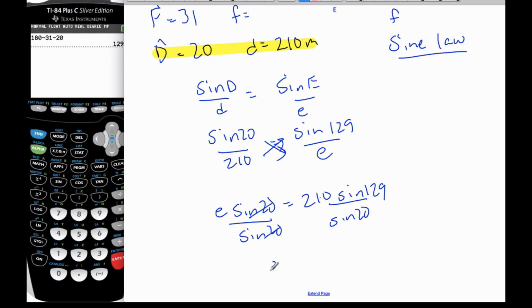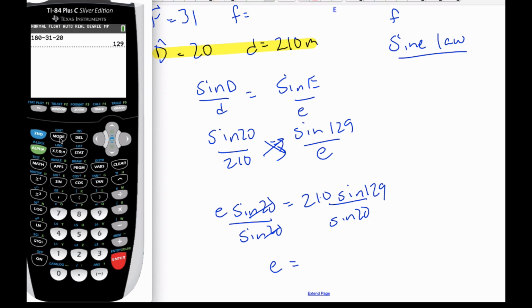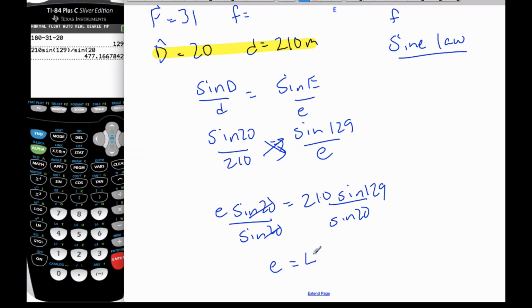That cancels this. I put this into my calculator, checking to make sure that I am in degrees, which I am. So I go 210 sine of 129, close the parenthesis, and divide by the sine of 20. And so E is equal to 477 meters, to three significant figures.